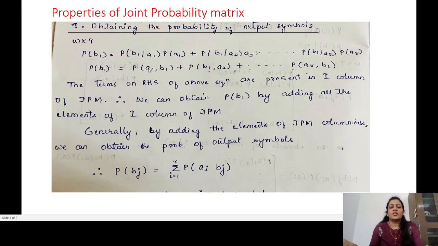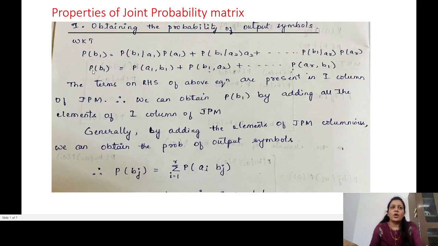This is the first row first column element, this is the second row first column element and finally this is the R-th row and first column element. So the terms on the right hand side of this equation are nothing but the first column elements of the joint probability matrix. Therefore, we can obtain this P of B1 simply by adding the first column of the joint probability matrix.